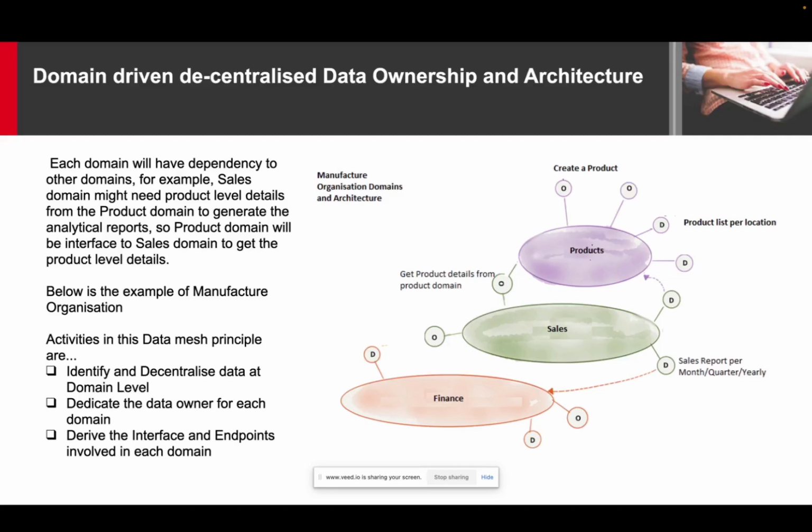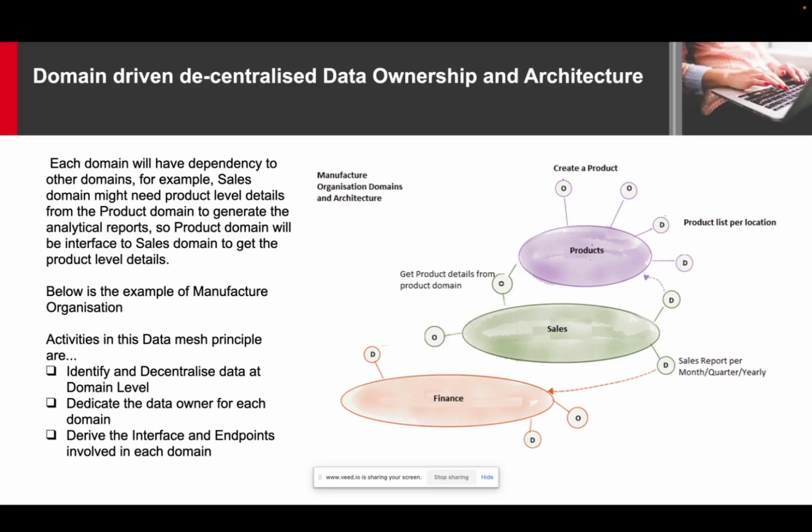If you see on the left side, above the green color domain box, there is an O, which means get product details from the product domain. So for the sales domain, there is an interface that gets the product level details from the other domain called product.